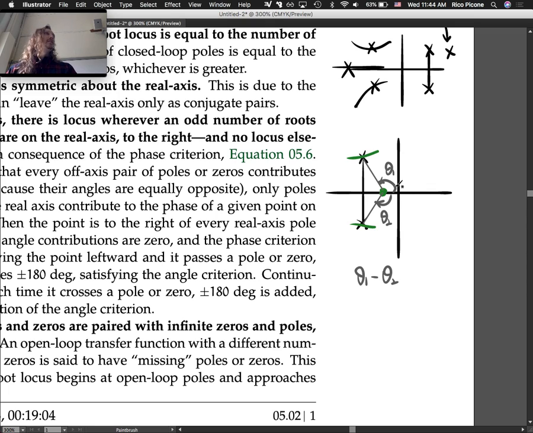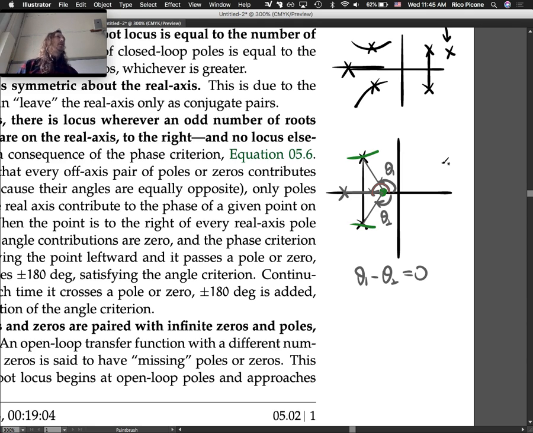But they're equal in magnitude, right? So this is equal to 0. So anything that's off the real axis has no contribution. If you have something on the real axis, then that angle contributes 180 degrees.